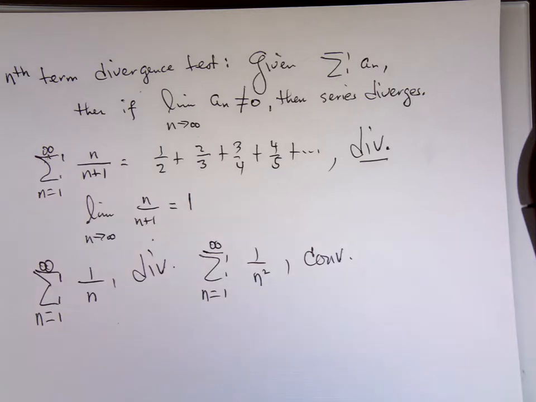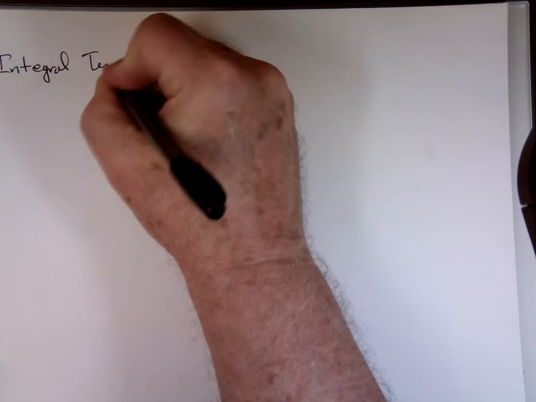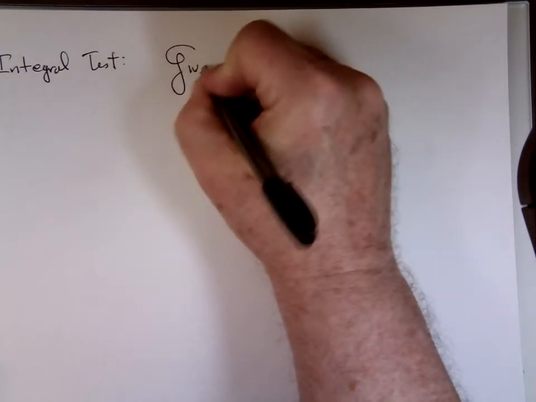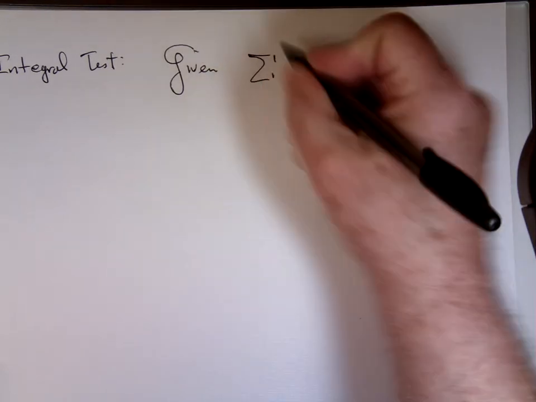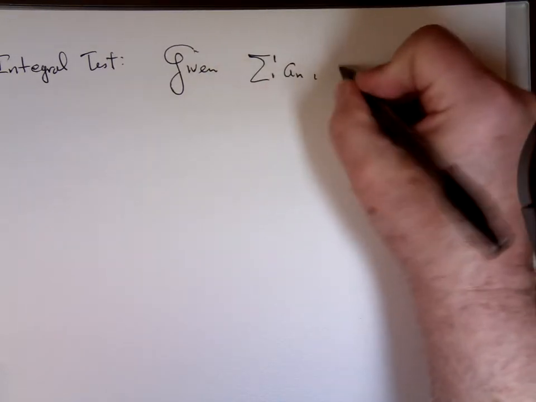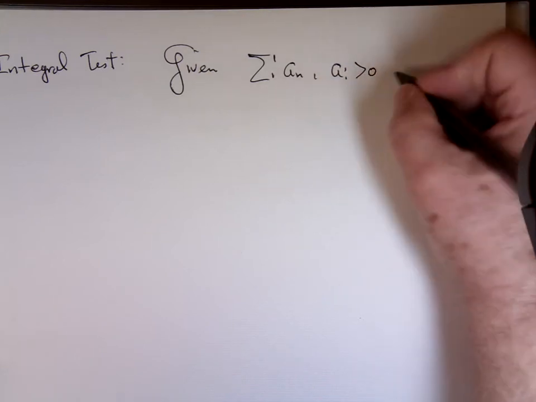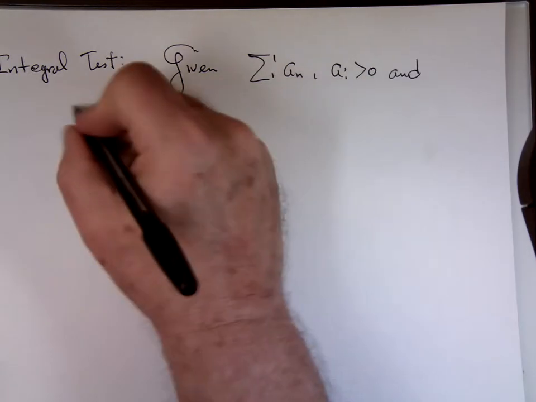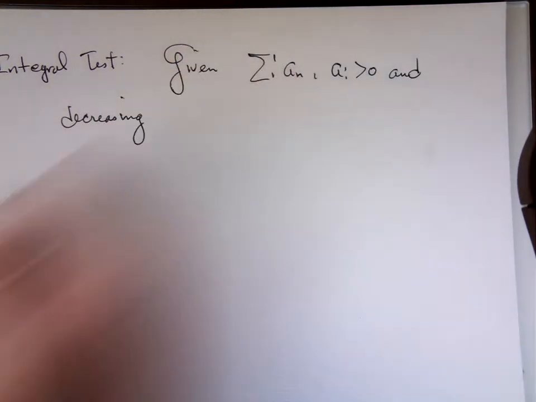All right, let's do the integral test. Given a series where each of the terms is positive and decreasing, the terms must be positive and decreasing.